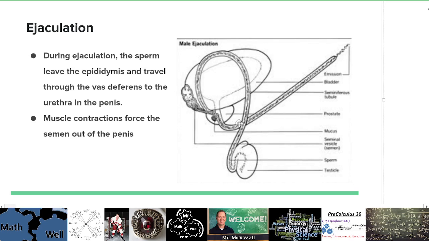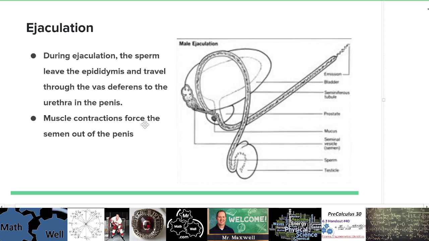Then it travels through here and mixes with the seminal fluid. The seminal vesicle is what produces the fluid that helps the sperm move, right? So in ejaculation, the sperm leaves the epididymis and travels through the vas deferens to the urethra in the penis.